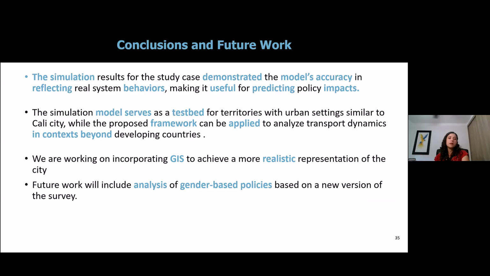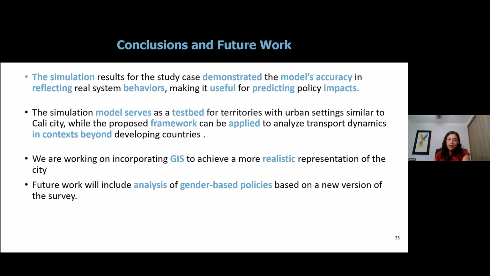And this could be used to try different interventions, but also it could be applied in a different place, not only in developing countries. That methodology could be replicated and applied in contexts beyond the developing countries.